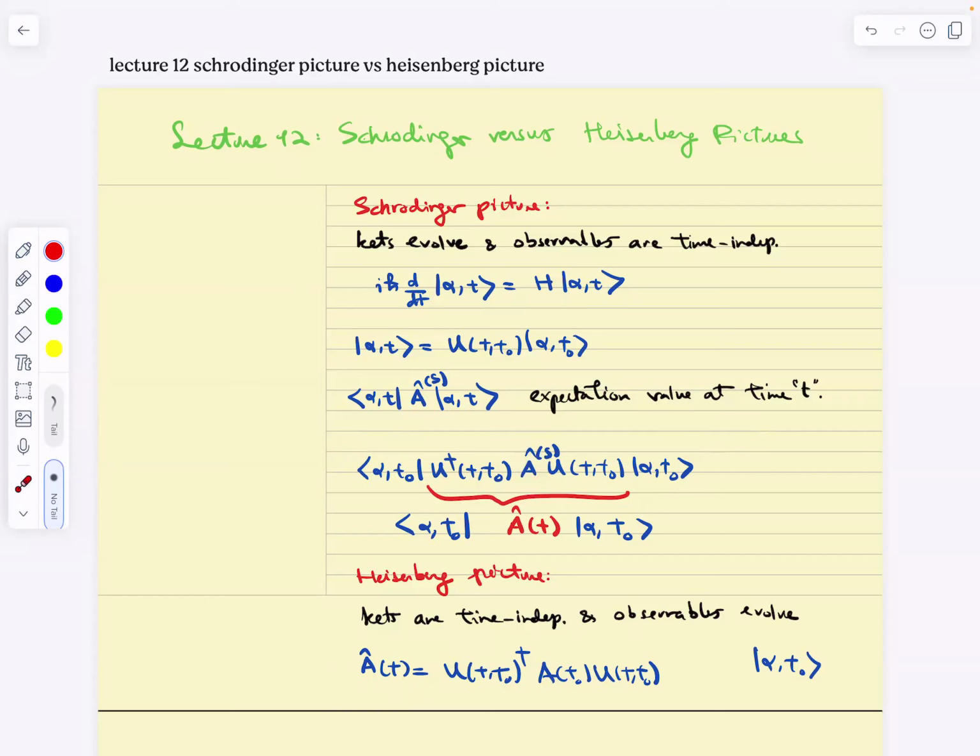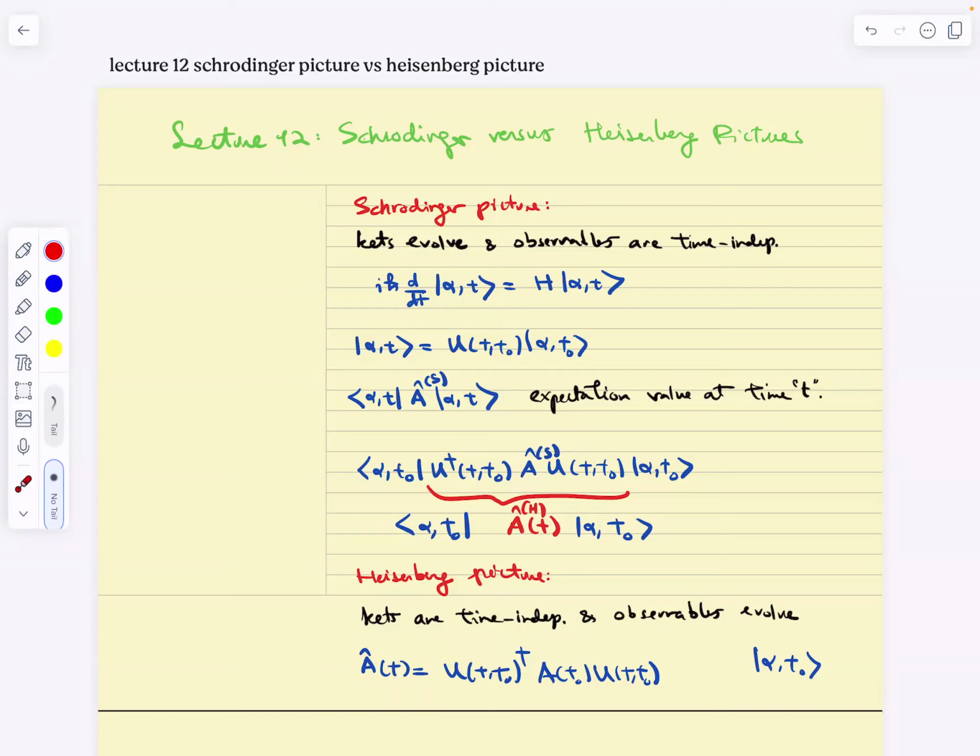The states evolve. In the Heisenberg picture, we package this whole thing and call it A_H of t. Now, this guy evolves in time, and the kets are independent of time. Is that clear? Are there any questions about this? It's all about what the evolution equation is.